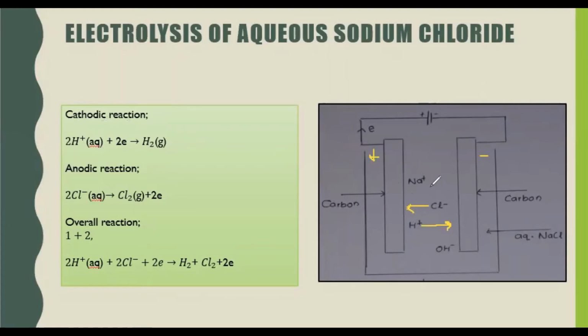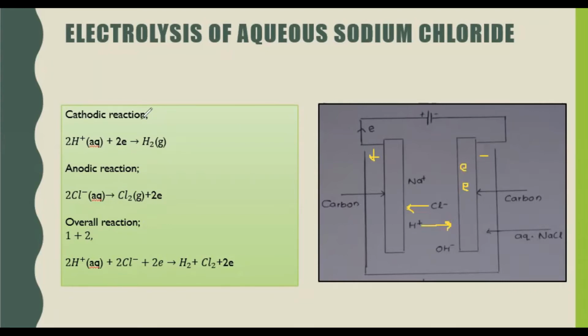Because H plus is going here and it is accepting electrons, here also electrons are coming and getting embedded on this electrode. So this H plus will go and accept these electrons and it gets reduced. So that means reduction takes place at this electrode. Reduction takes place means this electrode becomes the cathode.